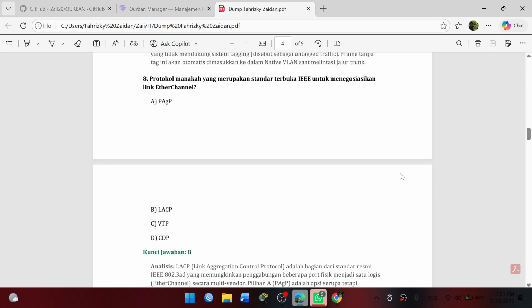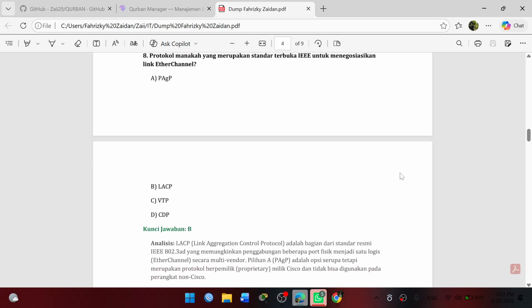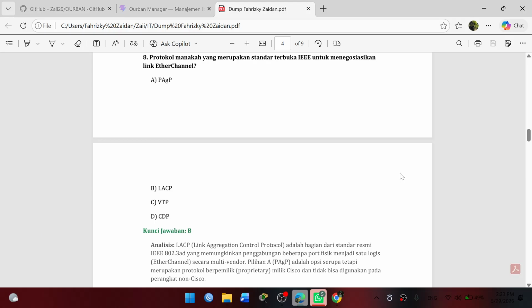Number 8. Which protocol is an IEEE open standard for negotiating link aggregation? Moving to question 8, the correct answer is B, LACP, which stands for Link Aggregation Control Protocol, and is defined under the IEEE 802.3ad standard.